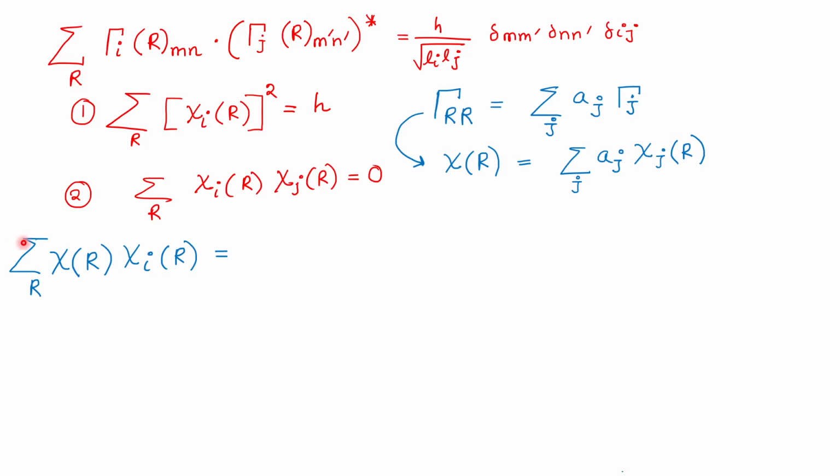Now what I was writing was the sum over R of the character of R in the reducible representation times the character of R in the ith irreducible representation. So I can break it down: chi of R in this sum over R is the same, but instead of chi R, I am writing sum over j of aj times the character of R in the jth irreducible representation, multiplied by chi of R in the ith irreducible representation.